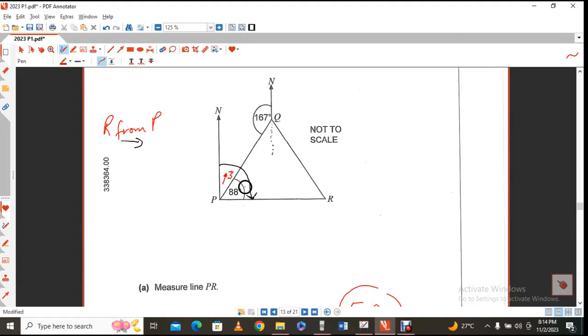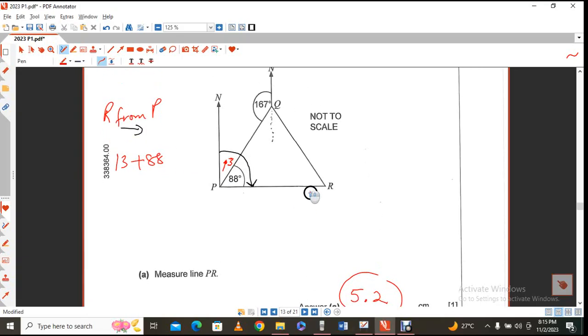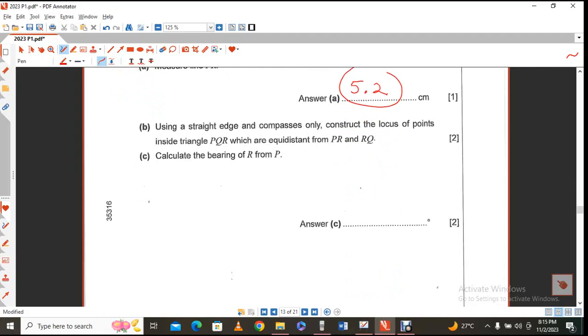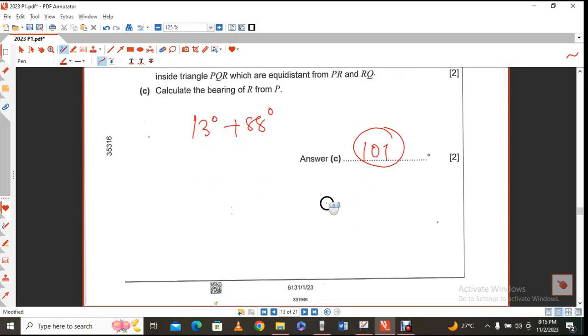So my answer is going to be 13 degrees plus 88. It will be a 3-figure bearing, and if it's a 3-figure, no need to put a 0 in front of it. So 13 degrees plus 88 degrees is 101 degrees.